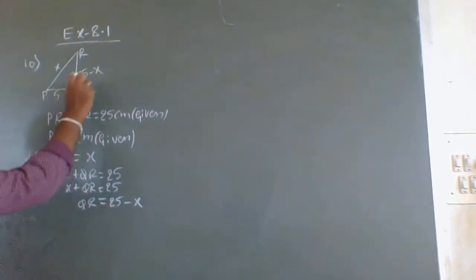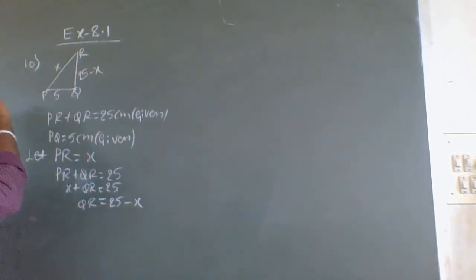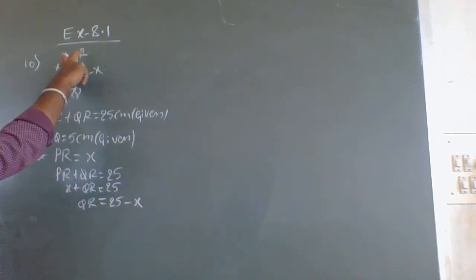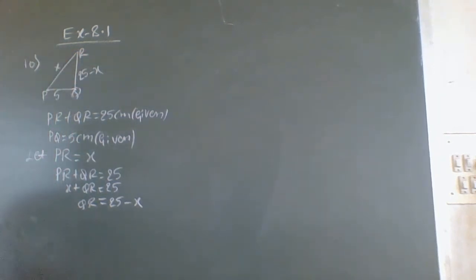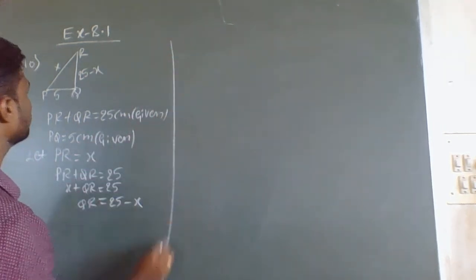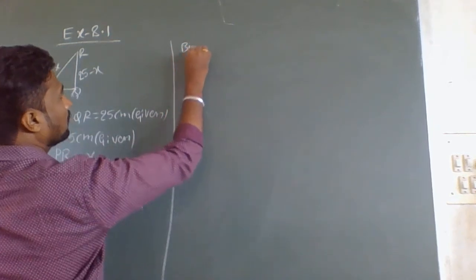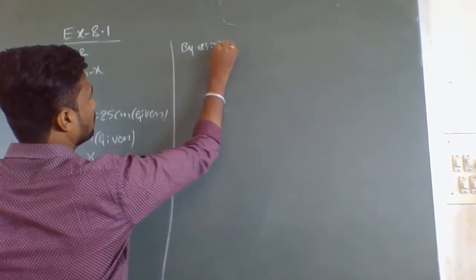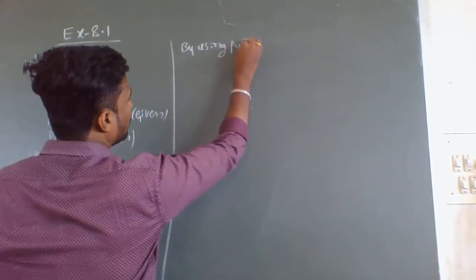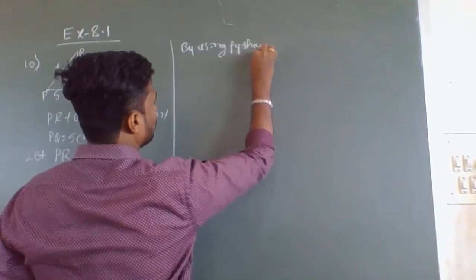If we get this X value, then we can find out length of QR and PR. So how to calculate the X value? By using Pythagoras theorem. So here I will write by using Pythagoras theorem.